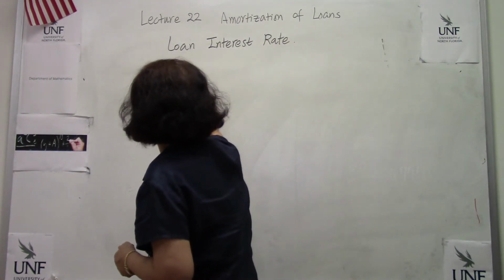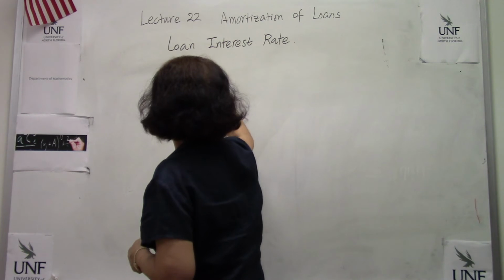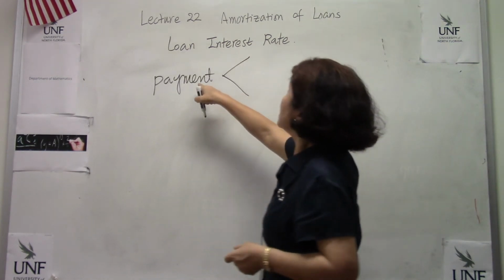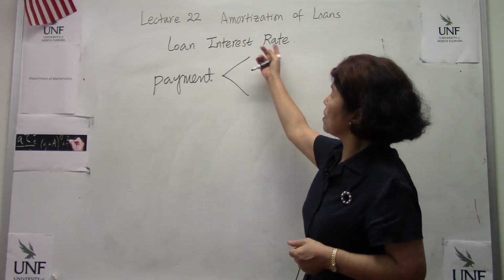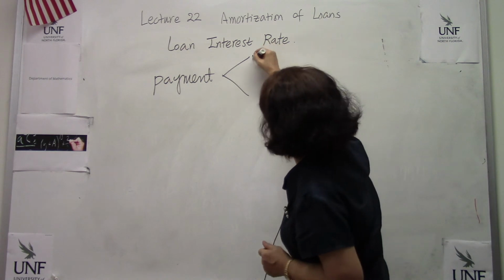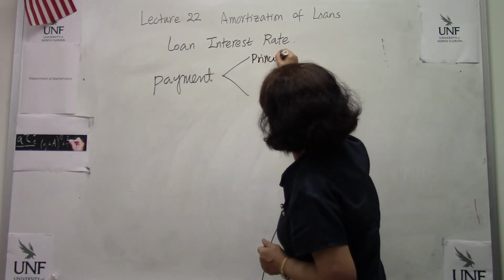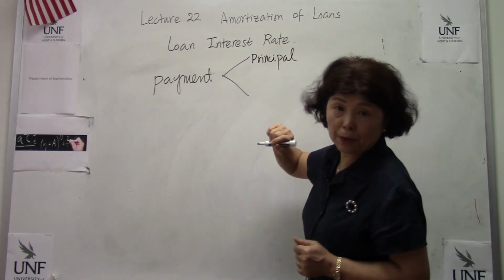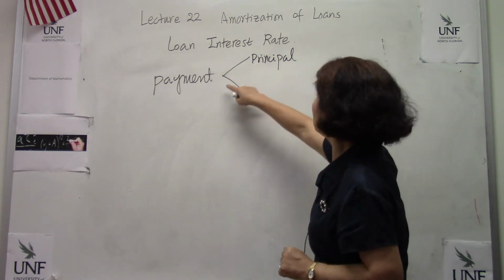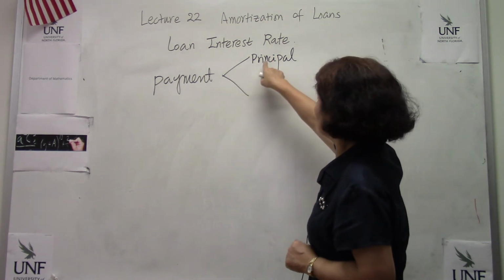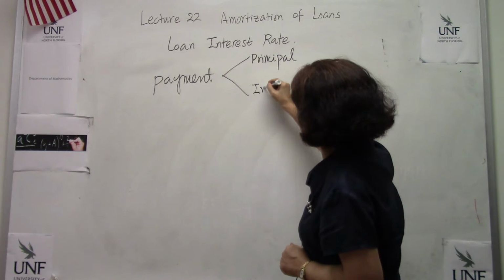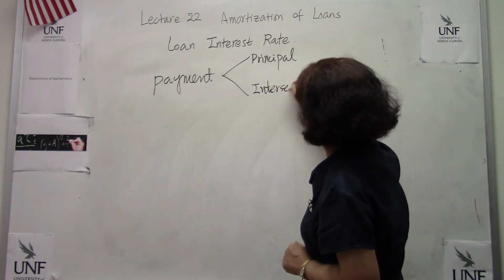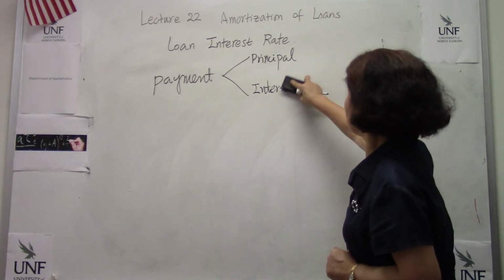Well, when you make a payment, I said some portion of payment goes to the principal to reduce your debt. In other words, in simple language, to reduce your debt goes to principal. The other part goes to interest. That is a bank profit.